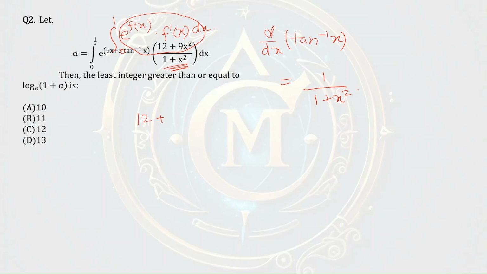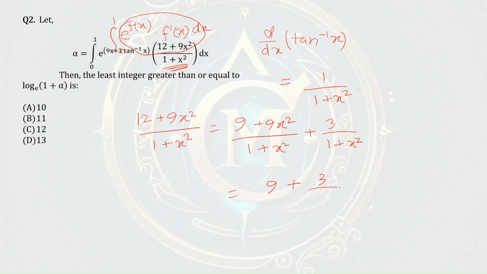We can write this (12 plus 9x square) divided by (1 plus x square) as (9 plus 9x square) divided by (1 plus x square), and then the remaining 3 as this. This can be written as, x will be cancelled because x square plus 1 is not 0. So this will be 9 plus 3 over 1 plus x square.